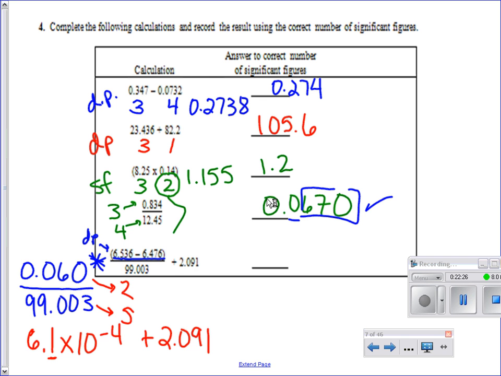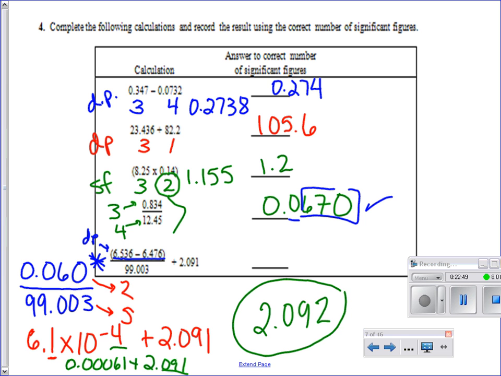There are a lot more decimal places than that because of that negative 4, right? So this is really 0.00061 plus 2.091, right? So the one with least decimal places is the 3. So we're going to round this to 3 decimal places, and I think you get 2.092, right? When you add, because that number is so tiny that you're adding to it.